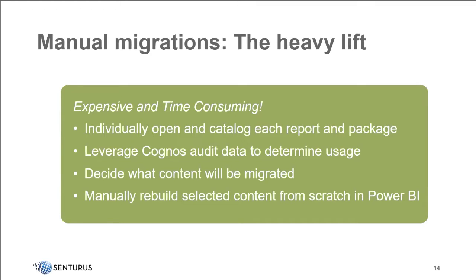Then you have to decide from all that what content you're actually going to migrate, and then manually you go in and rebuild that content from scratch in Power BI. And because there's often a lot of similarity in Cognos reports, and just in terms of overall structure in an organization, there's a lot of repetitive, redundant effort if you're having to rebuild things by hand.